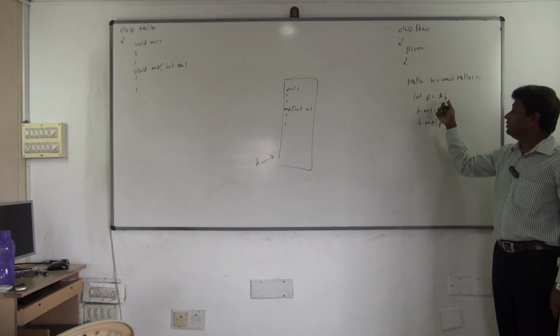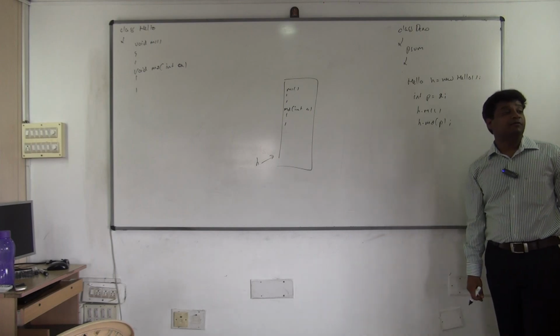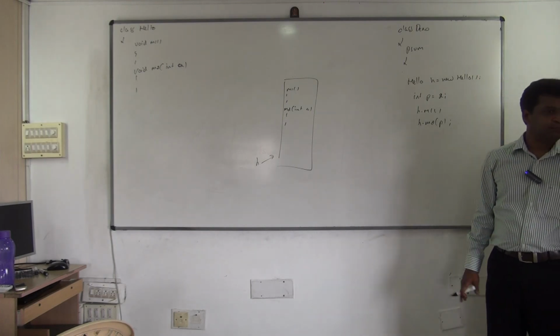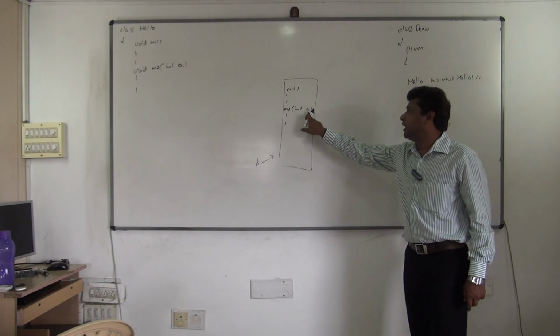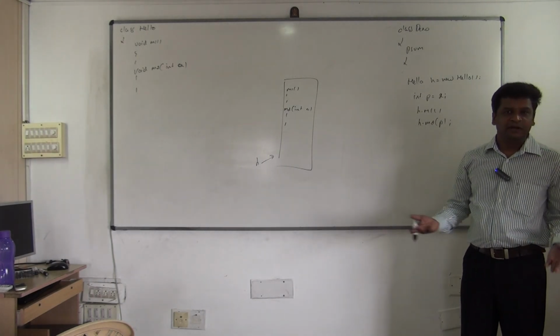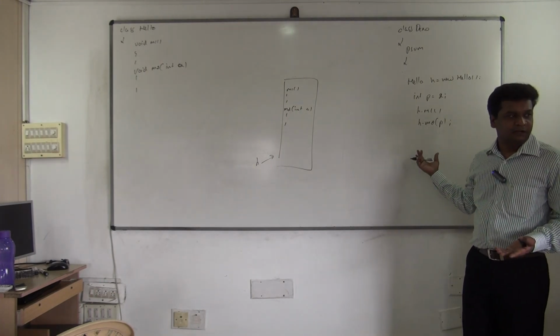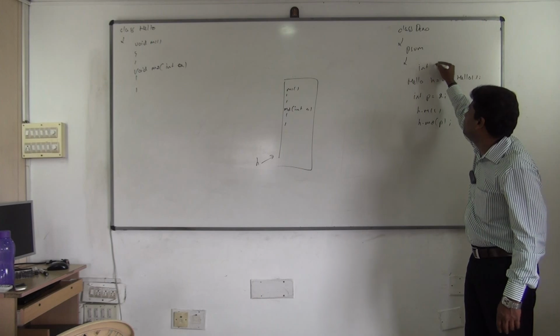The value of p, 2, is given to which one now? a. But what is the type of value? Primitive value. So to store a primitive value, I have declared a primitive variable of the same type. Only difference is instead of giving the value in the same scope, understood now? If it was in the same scope, how would I have given the value?